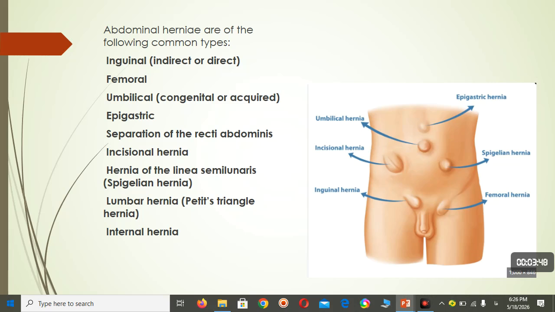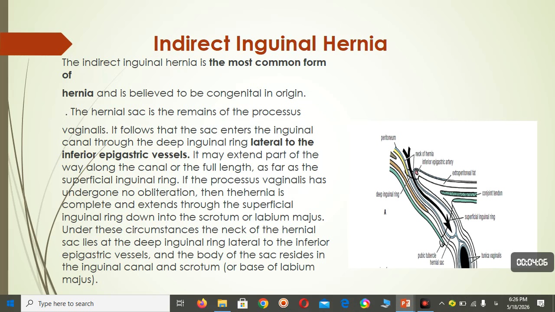And maybe we have a hernia inferior to the inguinal ligament. It is named femoral hernia. These hernias are due to weakness in the anterior abdominal wall.